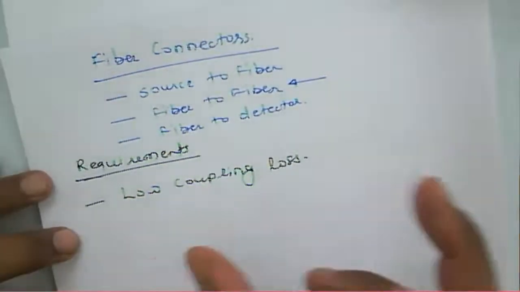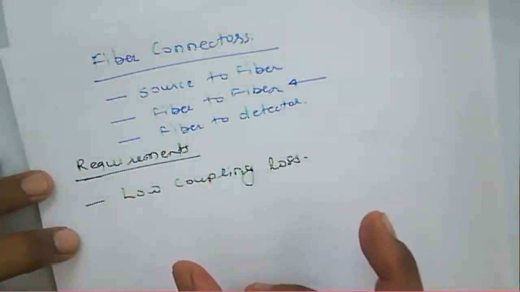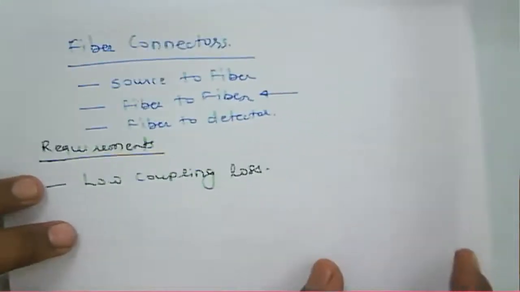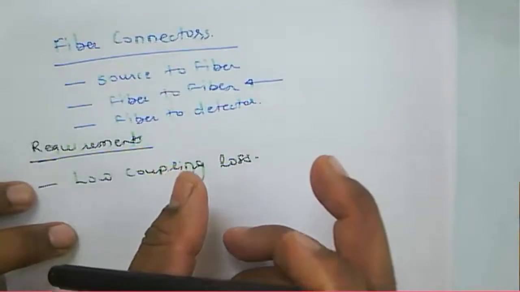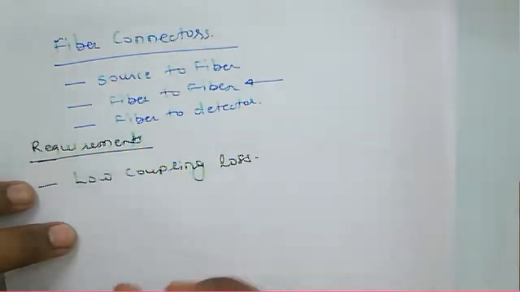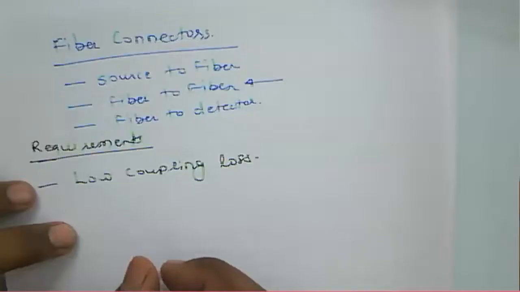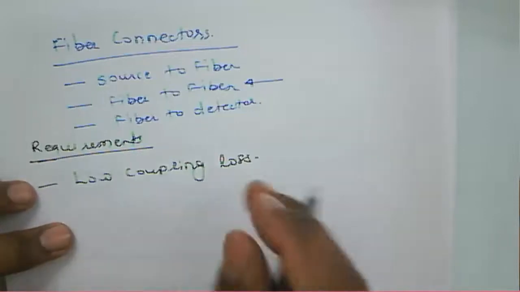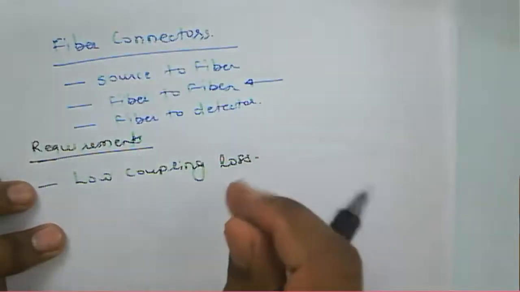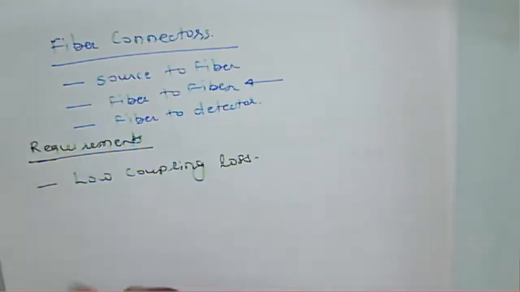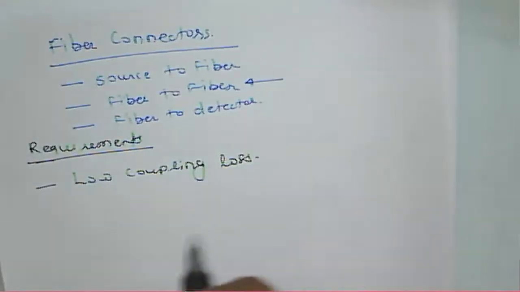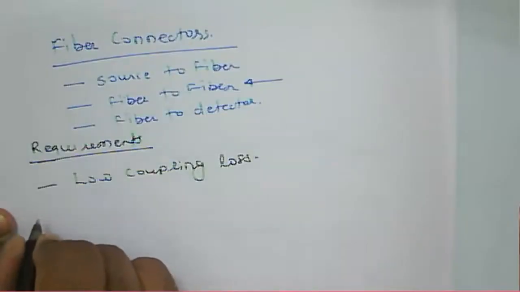When we connect it to a particular fiber, that connector has low loss. So when we couple these two, that loss should be low. When we connect or disconnect, the connector provides a low loss there.